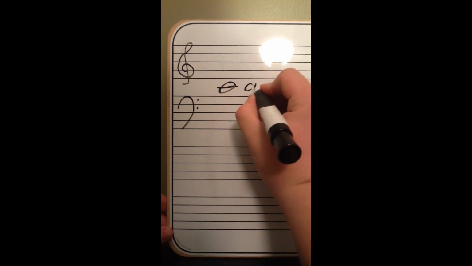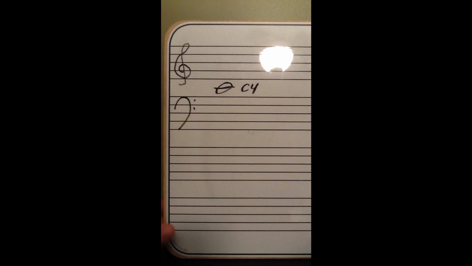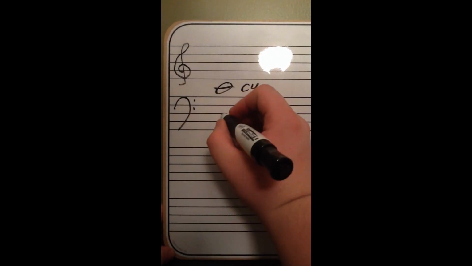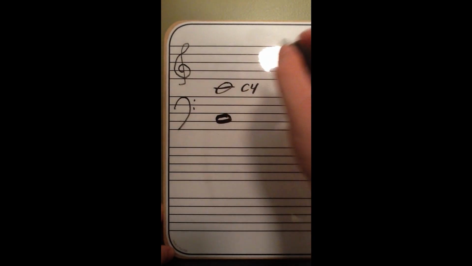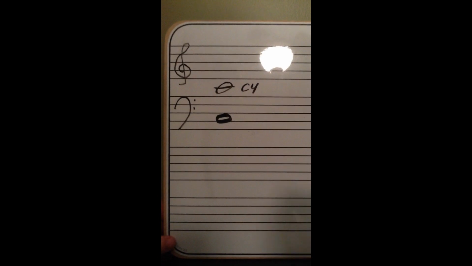C4 is the middle part between the two clefs on the grand staff, middle C. So if we go down to the next C, you can just trust me that that's a C, but if you count, you'll see that I'm correct.